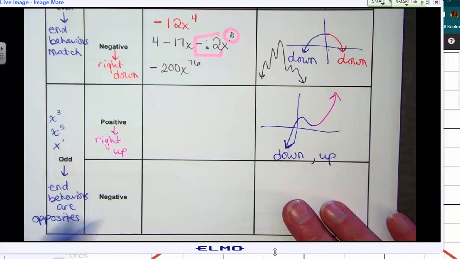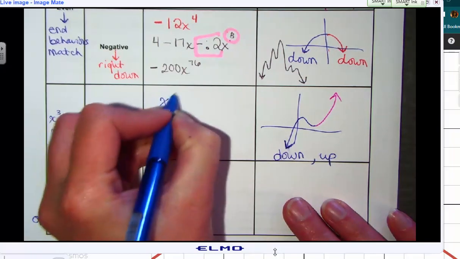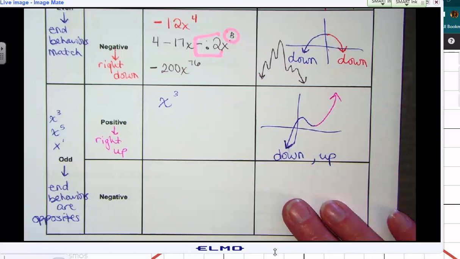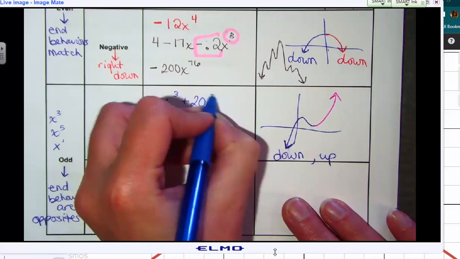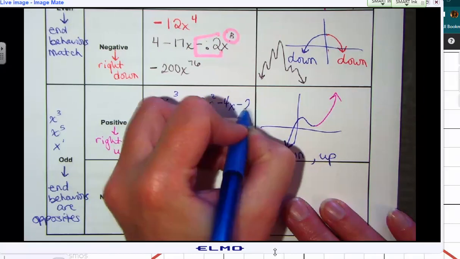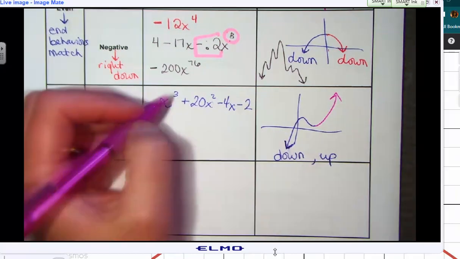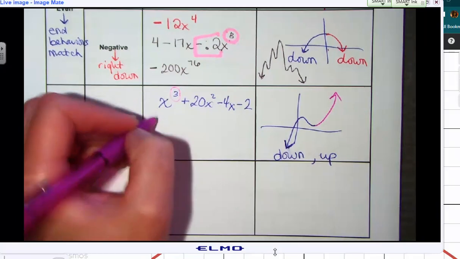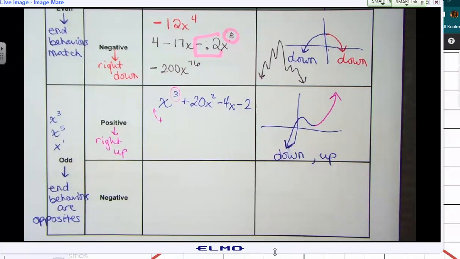So examples of this might be something like x to the 3rd power, something as simple as that, but we could also put all kinds of other stuff. 20x squared, 4x minus 2. All I'm looking at is the degree and whether this leading coefficient is positive or negative.